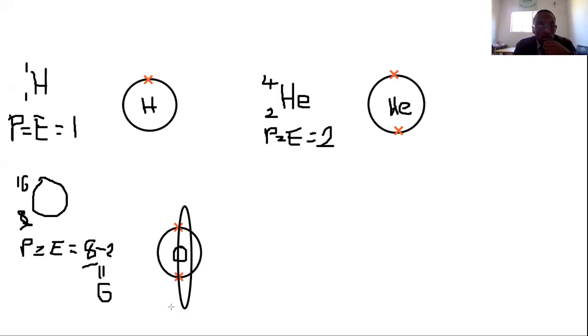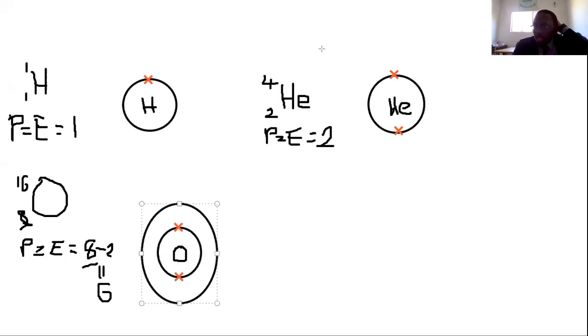So that will be a second shell. Now, knowing that the maximum electrons to be put in the second shell is 8 and 6 is below 8, then it's okay, we can put the entire 6 in the second shell.